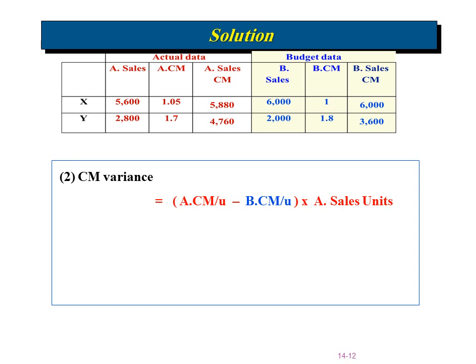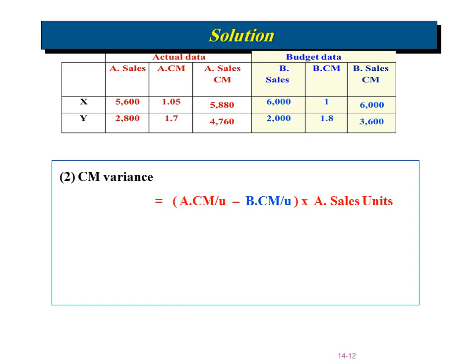Contribution margin variance is actual contribution margin per unit minus budget contribution margin per unit times actual sales units. Don't forget, when I speak about contribution margin variance, it's actual contribution margin minus budget contribution margin.